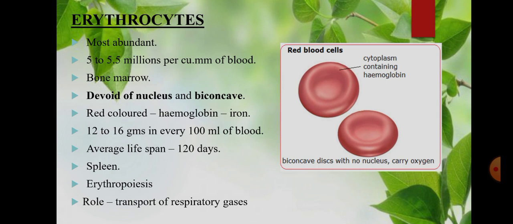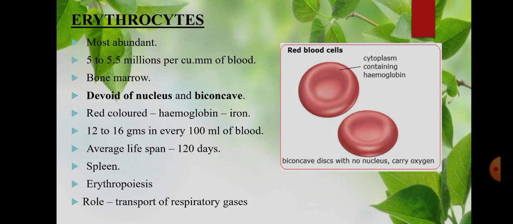For example, if you take 100 ml of blood for testing, we do the Hb count in the lab to see if you are anemic or not. So if you are having 12 to 16 in that range, irrespective of men or woman, you are a healthy person, or else you will be under the category of anemic.